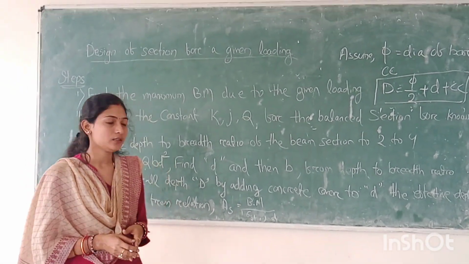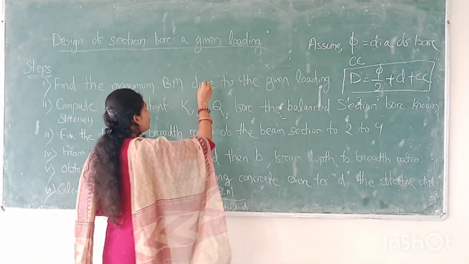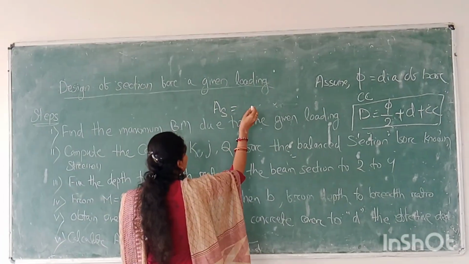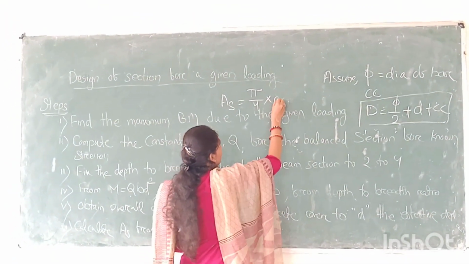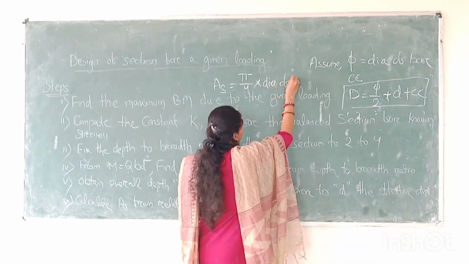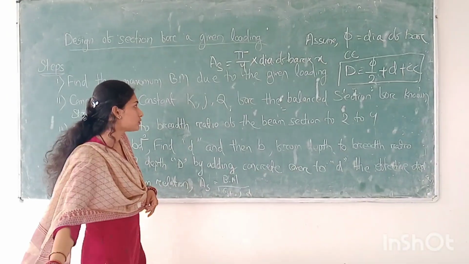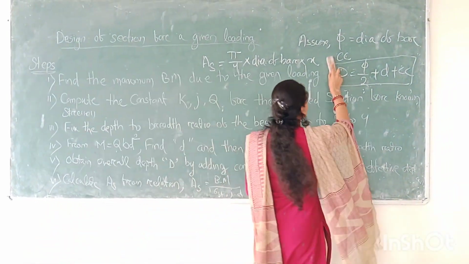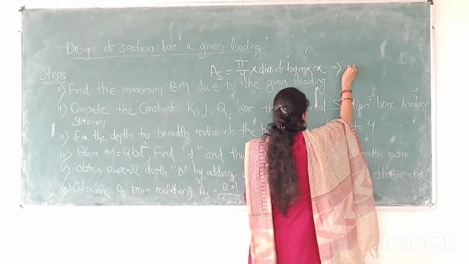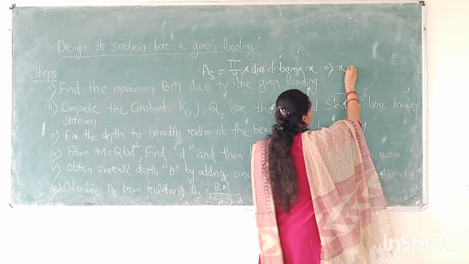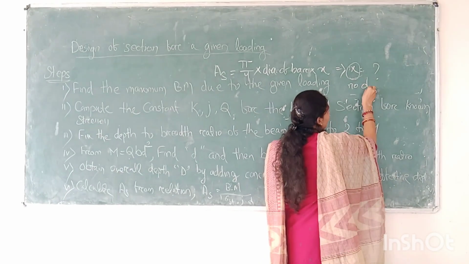After calculating the area of steel, we have to find the number of bars. So from the formula Ast equals pi by 4 into diameter of bar square into x. From this formula, we will calculate the number of bars. x is the number of bars.